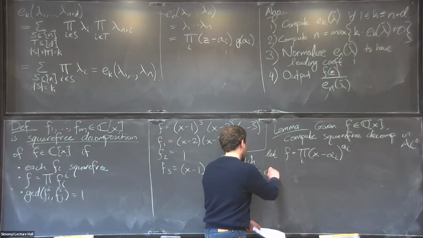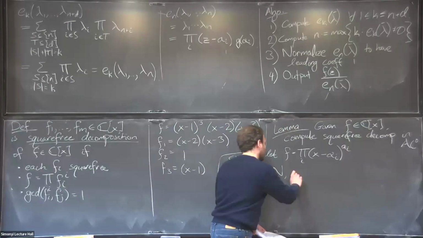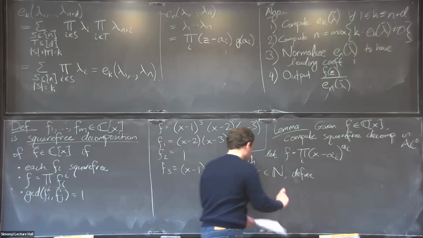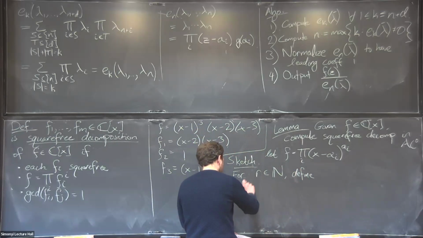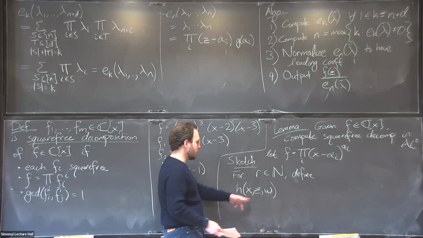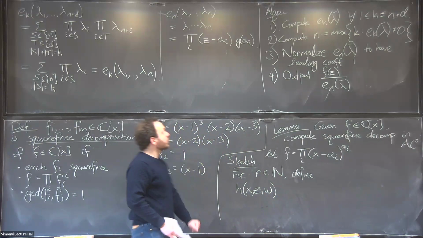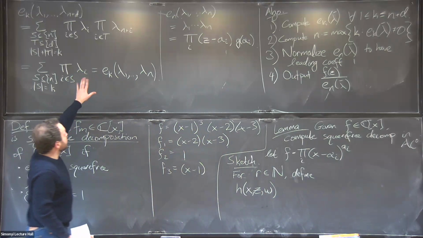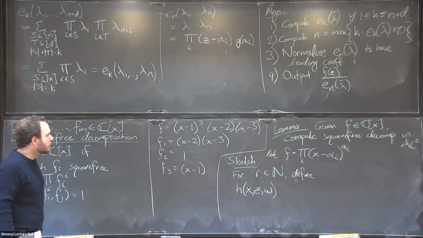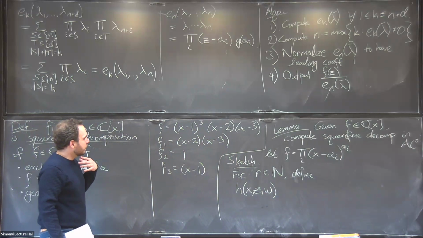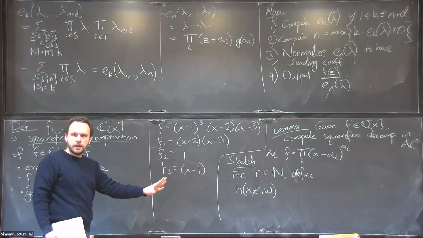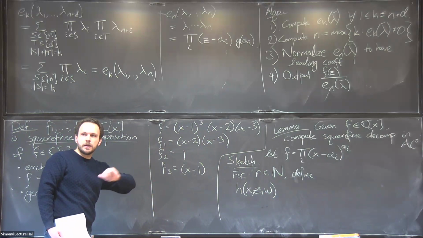For a natural number r, I want to look at a polynomial now in 3 variables, x, z, and w. And I'm going to try and do a similar trick to what we did in the square-free case. I want to define a polynomial that is going to suppress roots of f of high multiplicity and allow low multiplicity roots to come through.